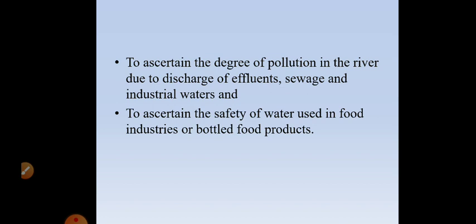Actually, the sewage or the effluent or industrial waste is first treated and then discharged into water bodies. So even if the waste is treated and discharged into the river, what is the degree of pollution in the river because of all these industrial wastes, effluents and sewage discharged into the water body? We want to make sure what is the degree of pollution. That is why we perform bacteriological analysis of water.